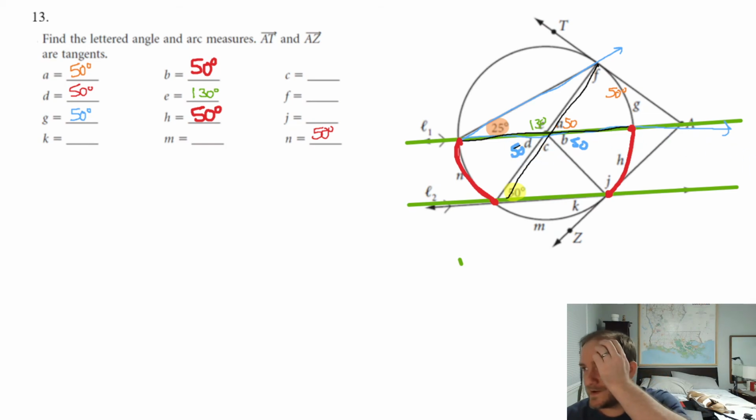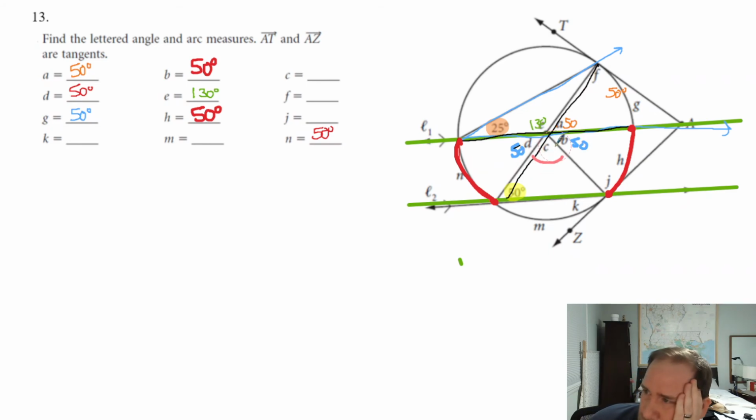And now that B is 50, D is 50, everybody's 50. Alright, but not literally everybody, because we're after C. And so C and 50 and 50 and 50 and 130, those all fit around a single point. So those 5 angles should be adding up to 360. So let's figure out how that's going to go. We can say C plus the 50, the other 50, the other 50, and the 130.